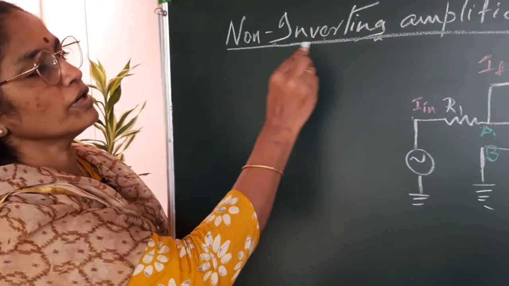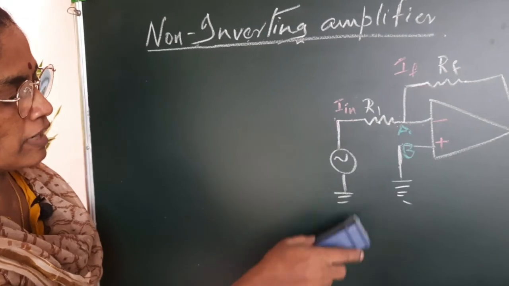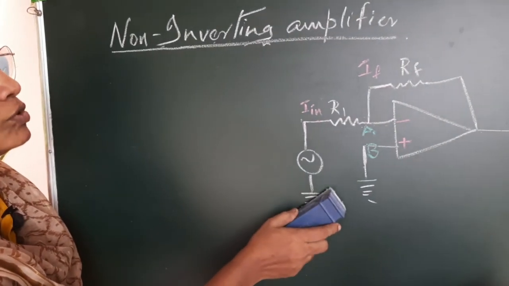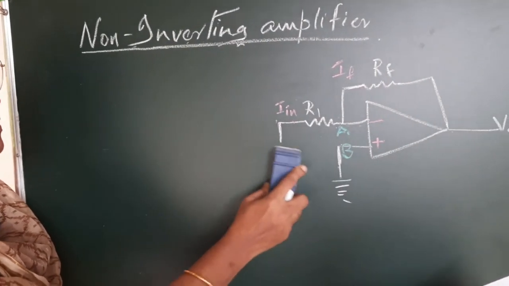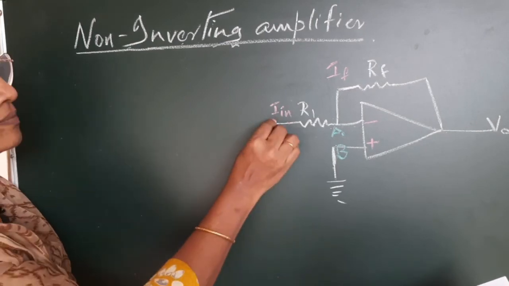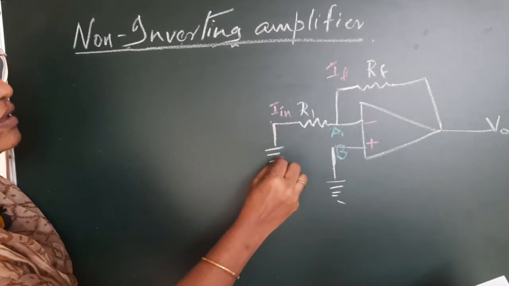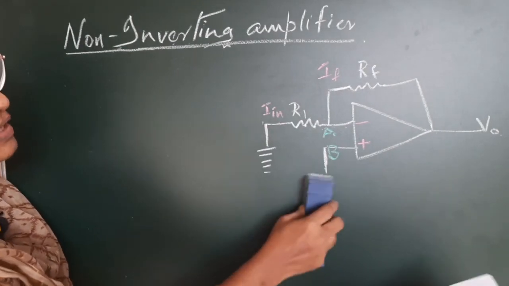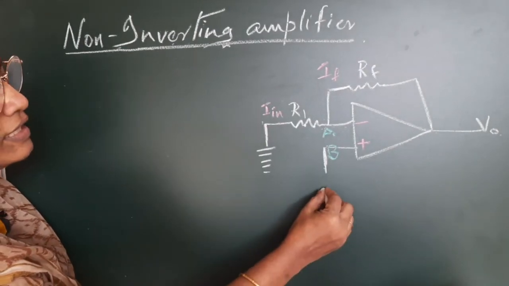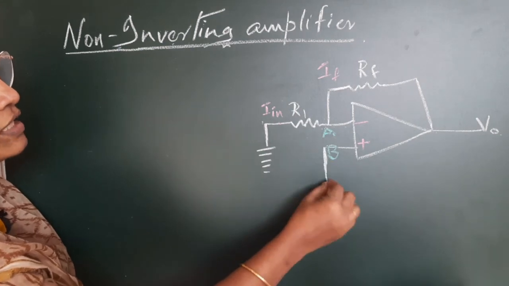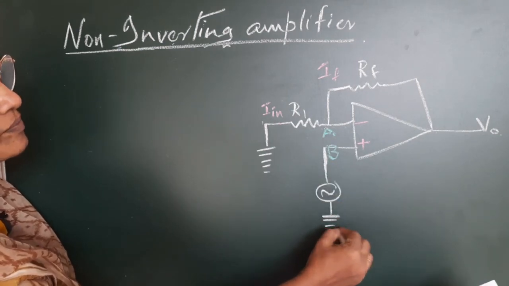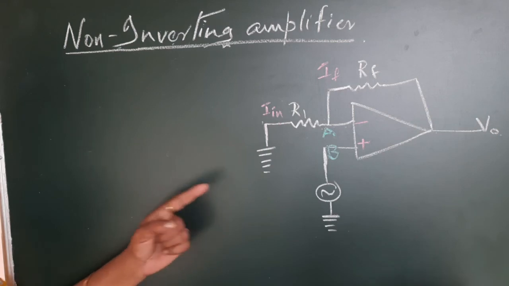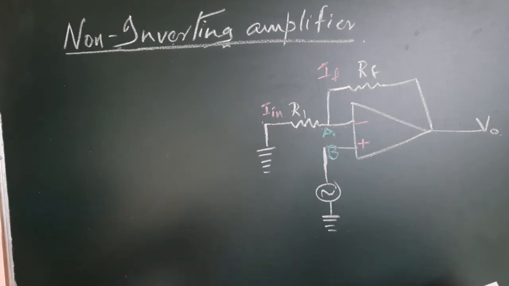So this is a non-inverting amplifier. We will convert this circuit of inverting amplifier into a non-inverting amplifier. So we will earth this inverting terminal and apply the signal at the non-inverting terminal. So now this circuit is a non-inverting amplifier.